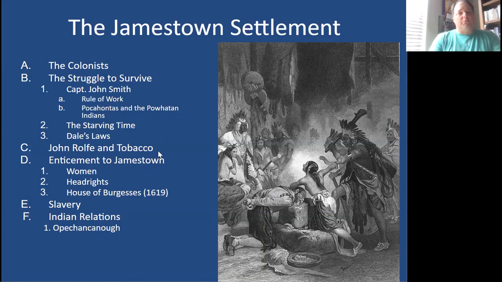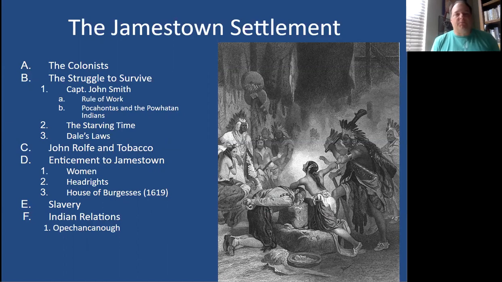And Rolfe was important besides just being the husband of Pocahontas. John Rolfe was important because he developed the first thing that's going to make money for this company. He developed a new brand, new blend of tobacco. It was not as harsh and bitter as some that grew in the West Indies. It was a little tame.